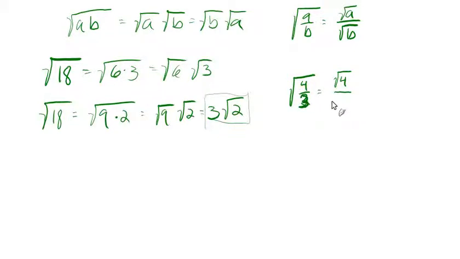Then we get the square root of 4 over the square root of 3, and the square root of 4 is 2, so 2 over the square root of 3. Now this is technically improper. We'll look at how to fix that later, but for now, this is fine. It's improper, it's not wrong. It's just not proper. We'll fix that in the sample problems video.